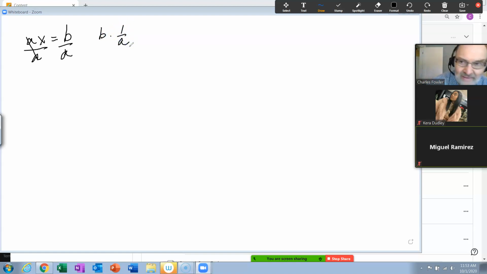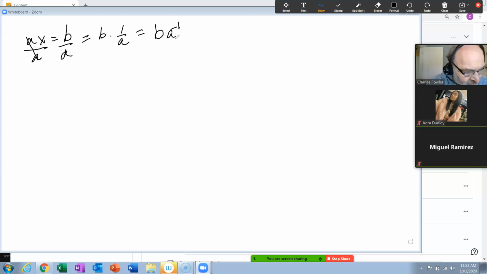Now, sometimes we write that as B times A inverse, 1 over A. That's the symbol we use when we're talking exponents. 1 over something is to the negative exponent.